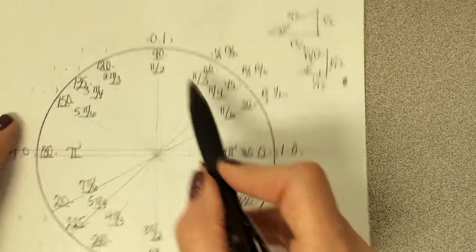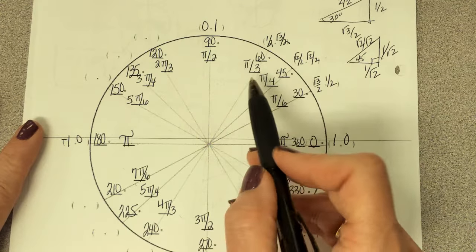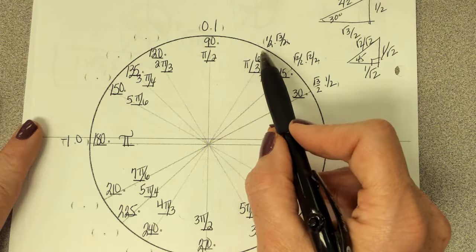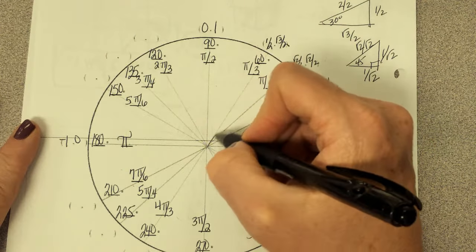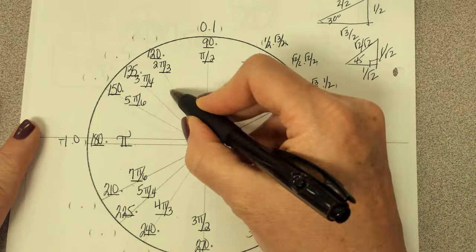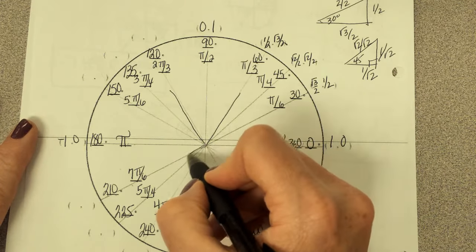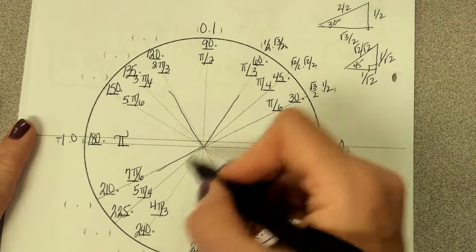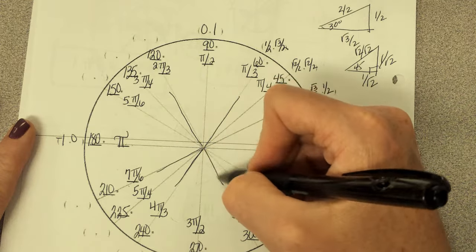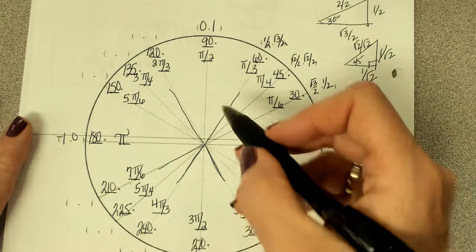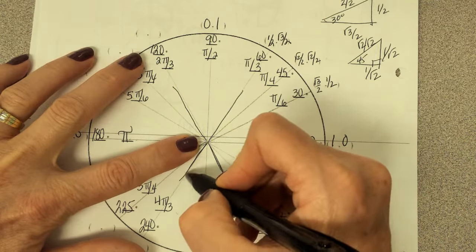Okay, and now a lot of people call this the bow tie. Think of making a bow tie. Anything that goes along together, like all of these, have the same reference angle. Oops, I went the wrong way, right there. So ignore that one.